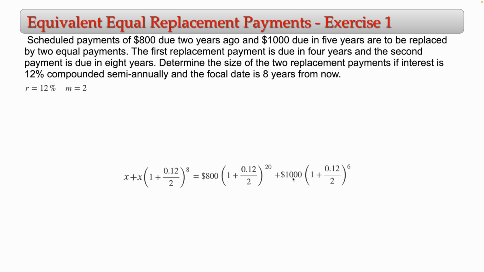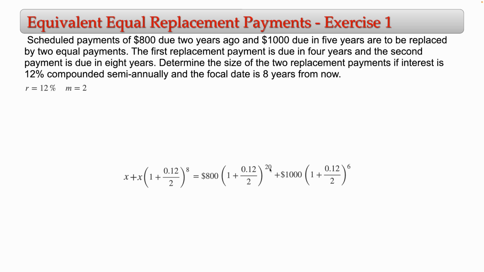How do I know that this 1000, if you notice, these are the two payments, but these are multiplied by these factors. And we notice that in these factors, obviously appears the nominal rate of interest divided by 2, the number of compound periods, because in these factors will always appear the periodic rate of interest. And the periodic rate of interest is the nominal rate of interest divided by 2.